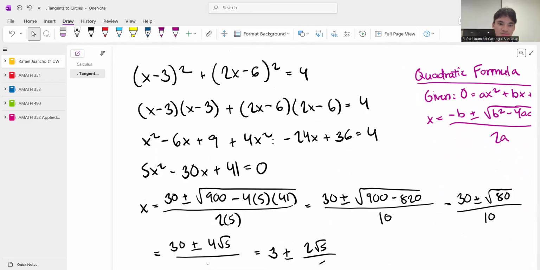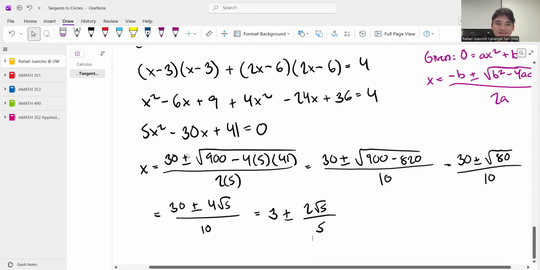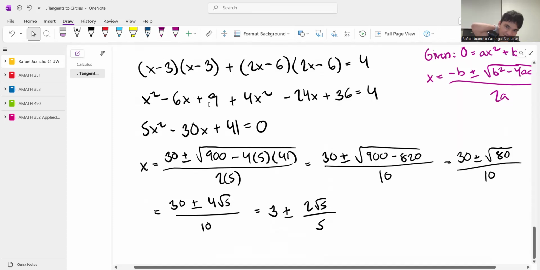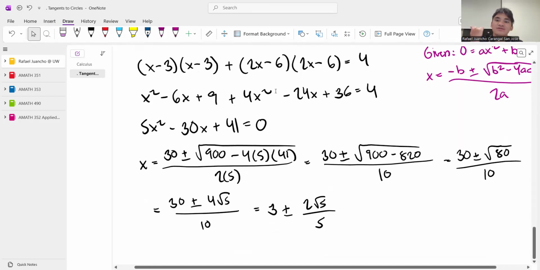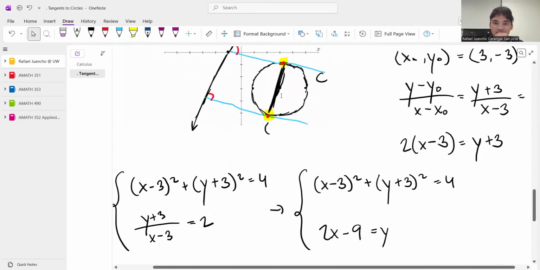Oh, actually, I just realized something. I could have factored out the 2 in both equations. I just didn't think of doing that. Anyway, I got 4x squared minus 12x minus 12x minus 24x. Okay, but that's the idea, right? Like you're finding the x and y coordinate of these two points.